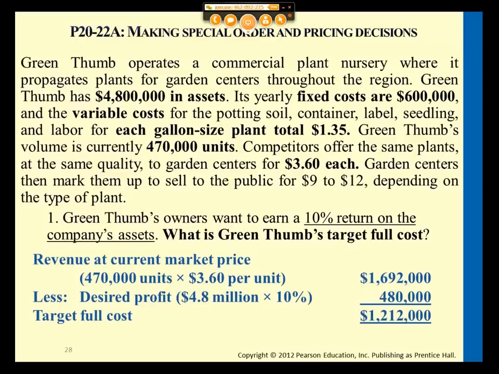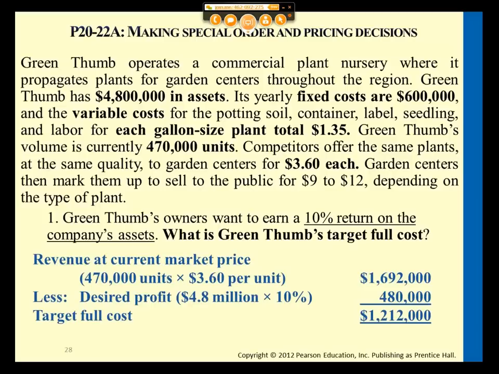So is this a cost setter, price setter, or price taker? Taker? So we'll use revenue at current market price and subtract the profit, and that's how we figure out the cost that we need to be at.